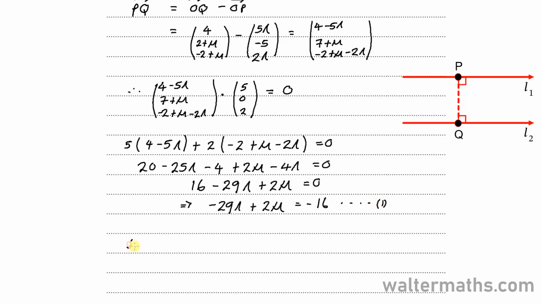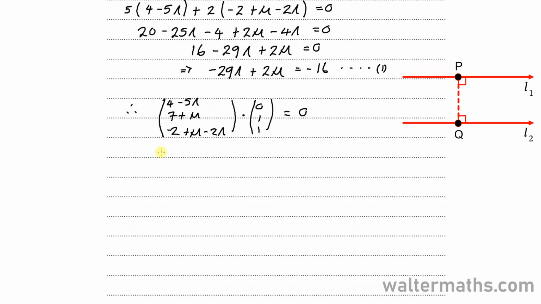Now again, the dot product of PQ, which is 4 minus 5 lambda, 7 plus mu, and minus 2 plus mu minus 2 lambda, with the direction vector of L2, which is 0, 1, 1, should give us 0.